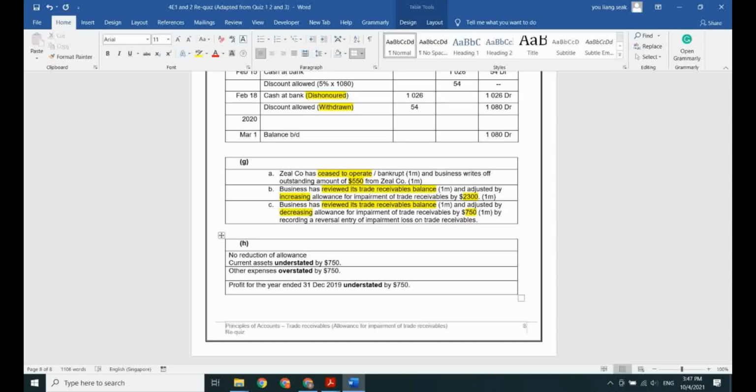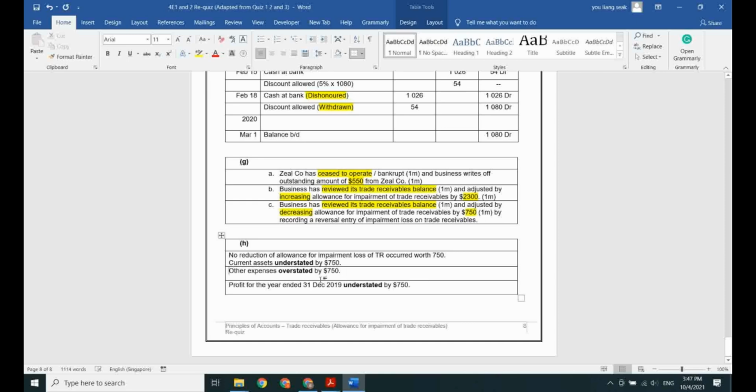So no reduction of allowance for impairment loss of trade receivables occurred. Worth 750, it didn't take place. So if it didn't take place, then current assets will be understated by 750.